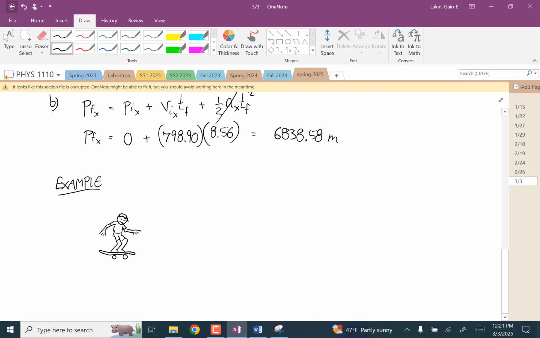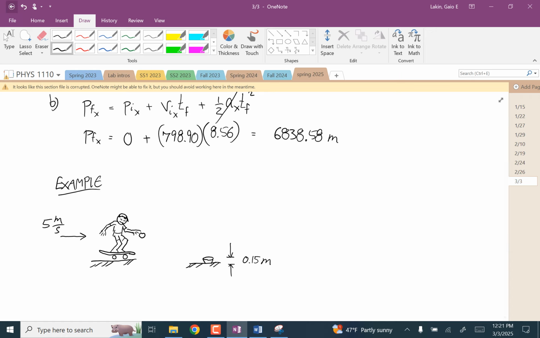Okay, so this is you, and let's say that you know that you can move on your skateboard at a speed of 5 meters per second. And you have like a little cup set on the floor over here, and it has a height of 0.15 meters. And you're going to drop this ball.